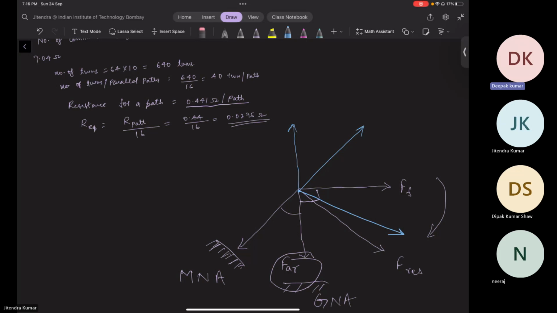Sir, I think he is confused about whether we have to shift the brushes in the direction of rotation or not. I don't know whether the question is a generator or motor. Have you seen the question?